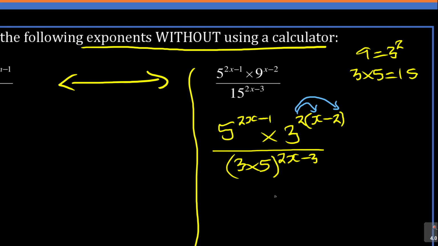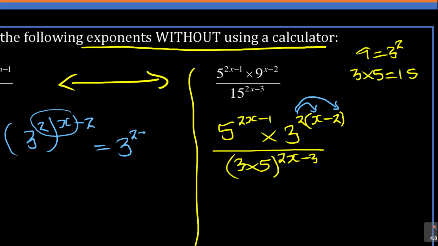If you write 3 to the power of 2 and then write x minus 2 like this, you will think only this one is multiplying. So you find students saying 3 to the power of 2x minus 2, forgetting that it's 2x minus 4. That's where the error is. Then this becomes wrong. So just be careful there.